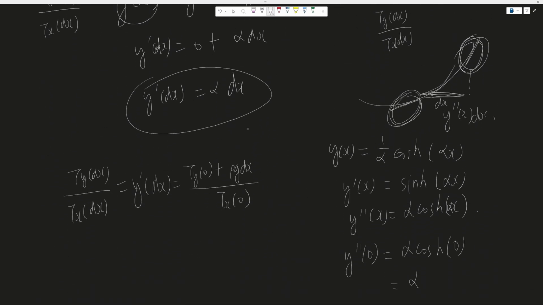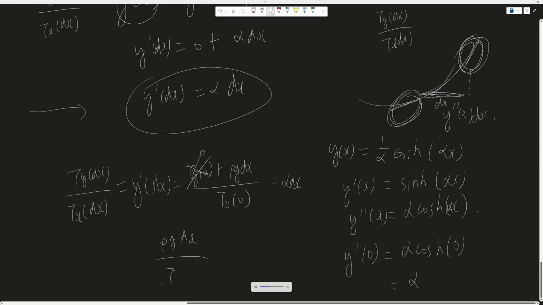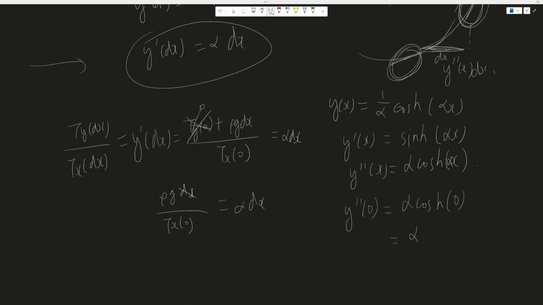Since ty of 0 is just 0, we don't need to write it, because remember, the bottom piece is just pointing straight to the right. So there's no y component. This is basically 0, and this is equal to alpha dx. So now we know rho g dx over tx of 0 equals alpha dx. So now the dx cancels. That's great. And now we have tx of 0 equals rho g over alpha.